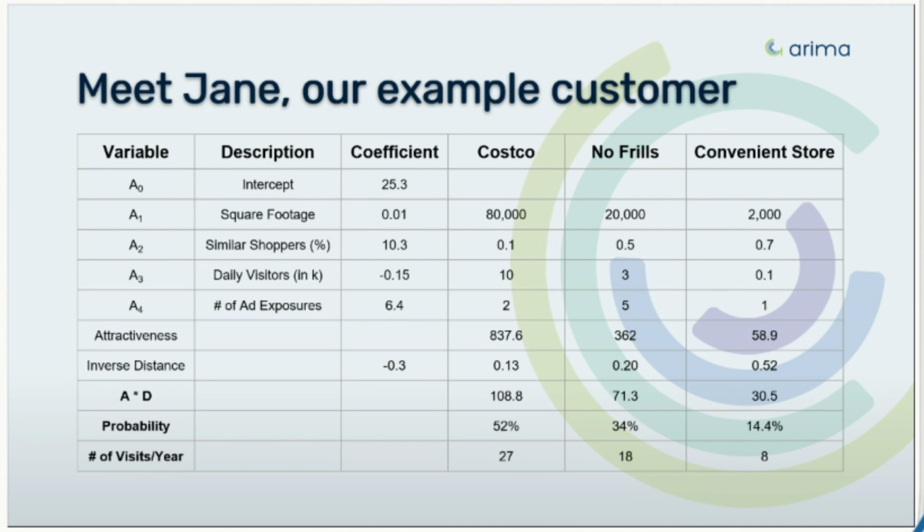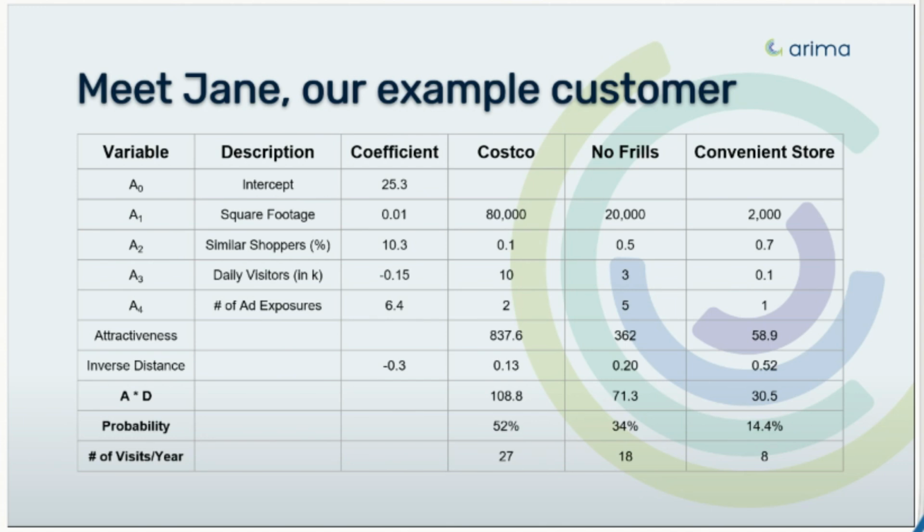That has a positive coefficient, so if it's a store that's generally liked by other newcomers, she'll like that as well. Daily traffic, that has a negative coefficient, so if the store is busier, she doesn't like that. And finally, the number of ad exposures she received, so the number of times she's seen an ad. If that store has advertised to her more, then she would like to come there more.